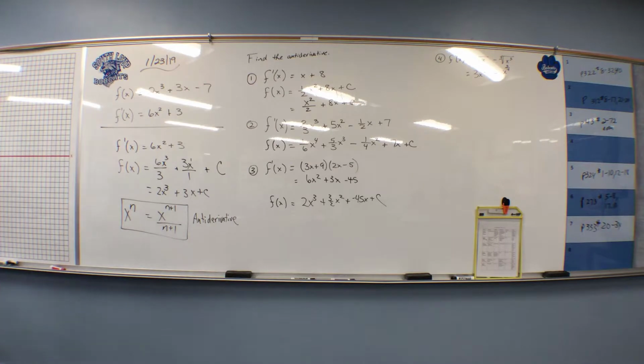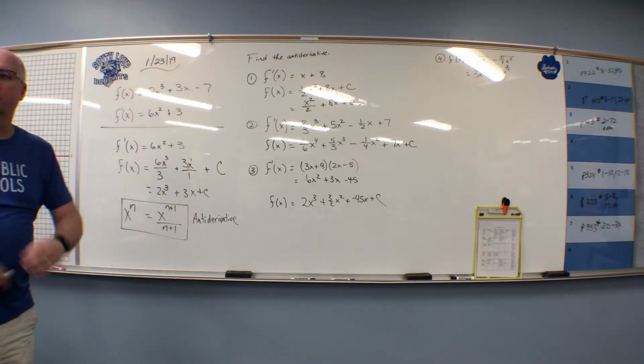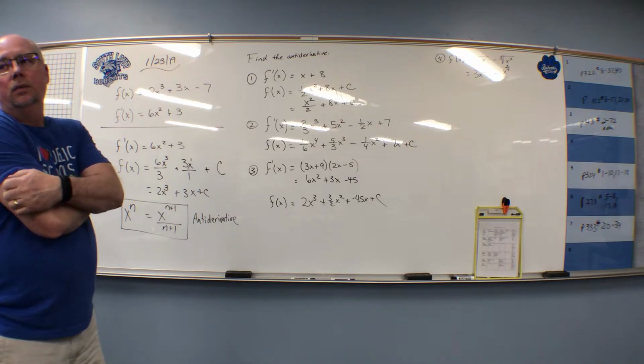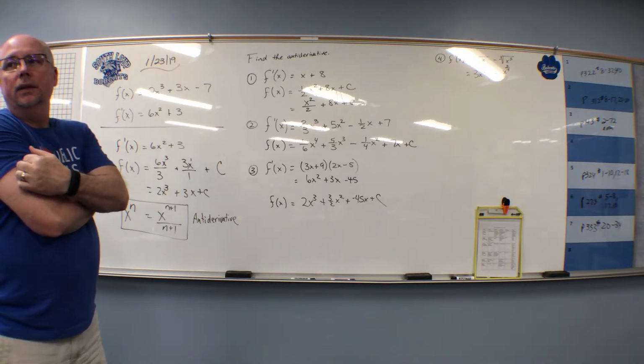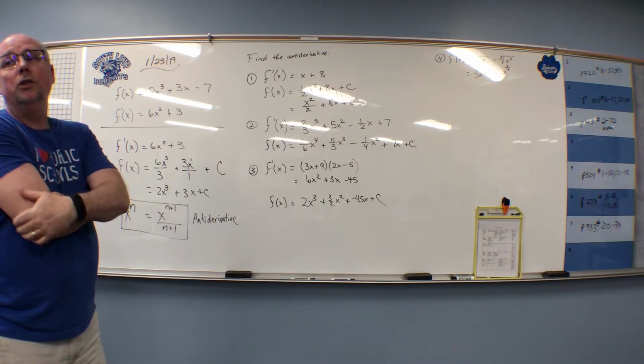Now what you have to do is put it in the right form. When we raise up a fraction, 1/2 raised by 1, which is 2 over 2, is 3 halves.